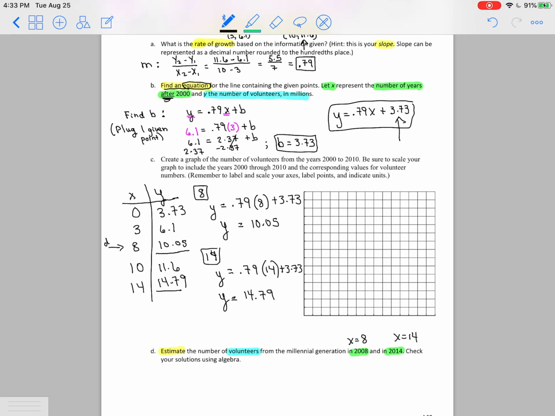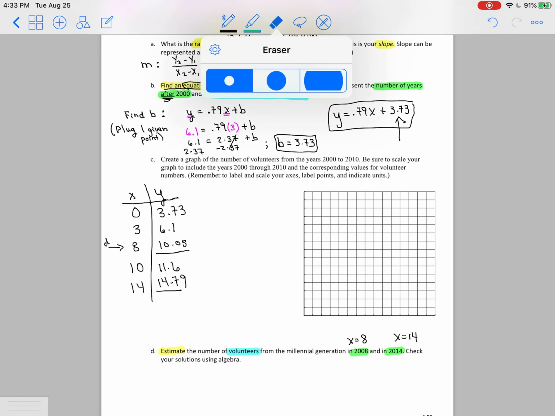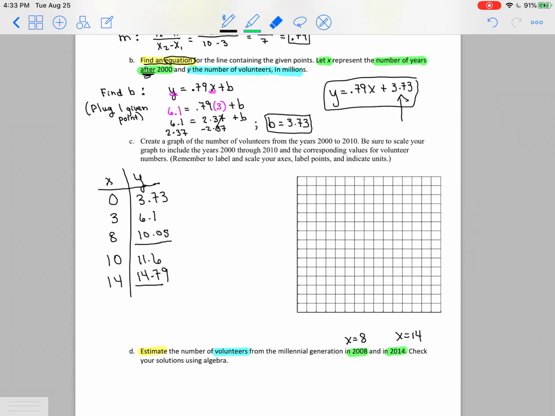All right, so we have this whole set of values that we can put onto our graph, and I need to make room, so I'm going to have to get rid of this now. Here's why our t-table is really important here.